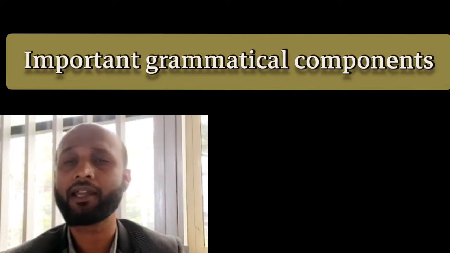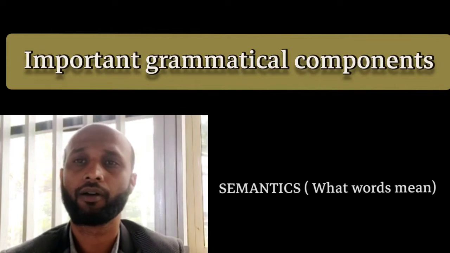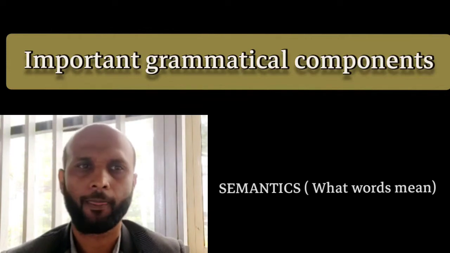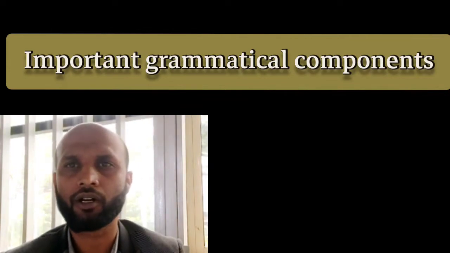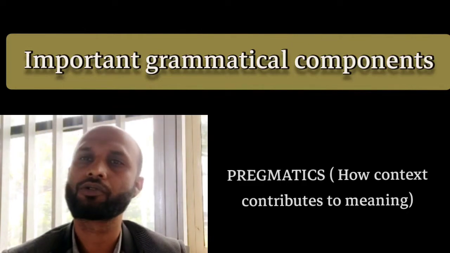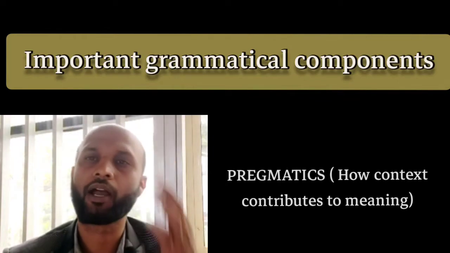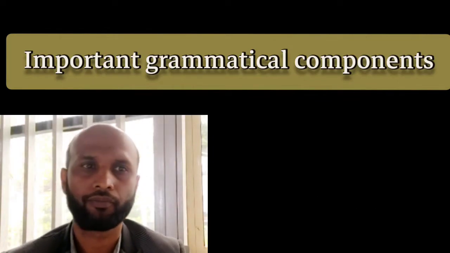And we have semantics. It talks about what words mean, the meaning of the words. Then we have another term called pragmatics, how context contributes to meaning. So all these things are controlled by the grammar of a language.